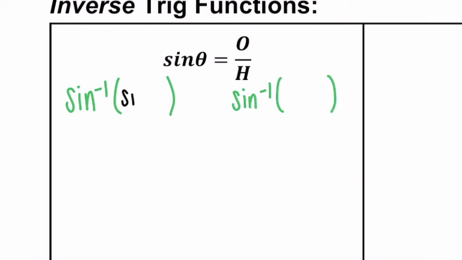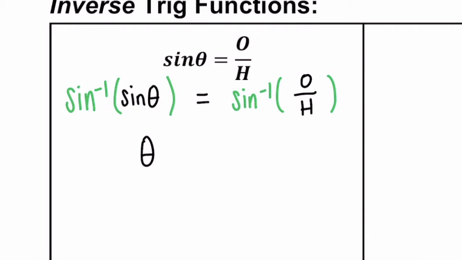So we took the inverse sine of sine theta, and we took the inverse sine of our ratio opposite over hypotenuse. Now, what does that leave us with? Well, taking the inverse sine of sine will undo that function. So this is now officially undone or negated, and we are just left with theta.